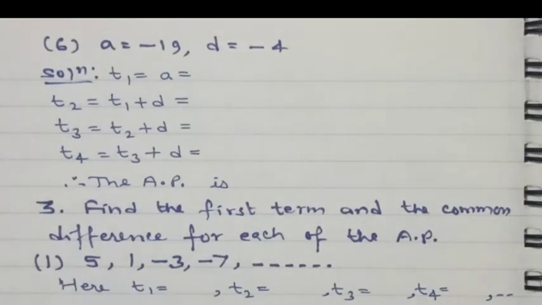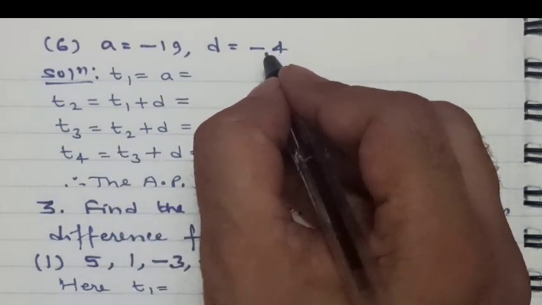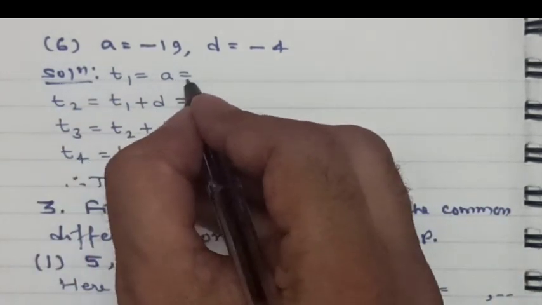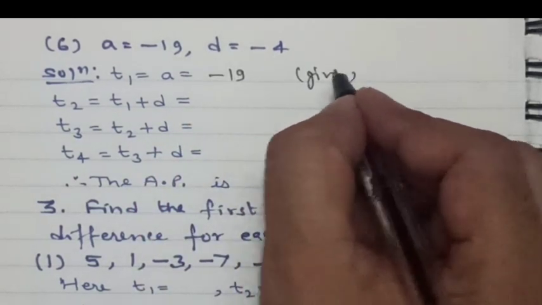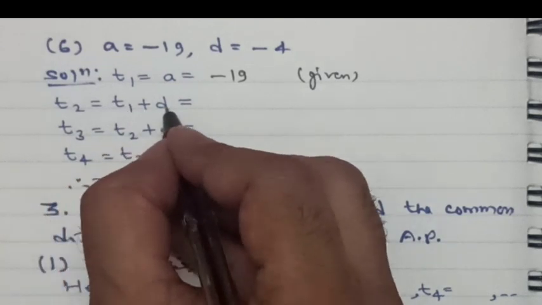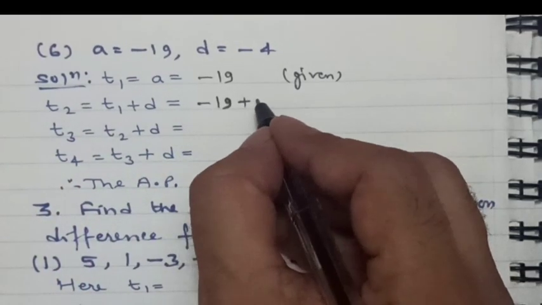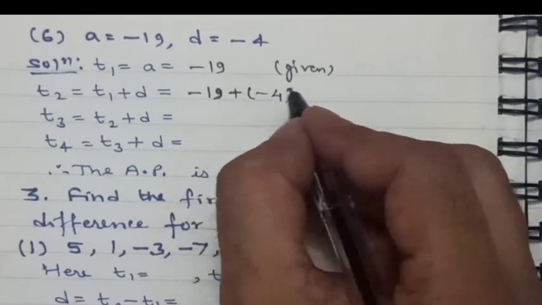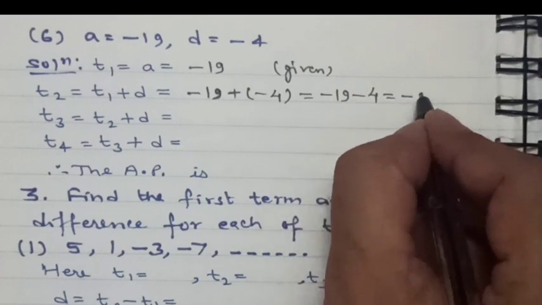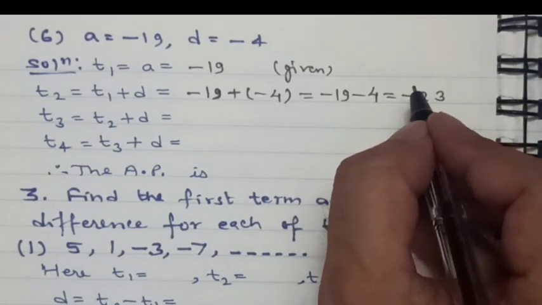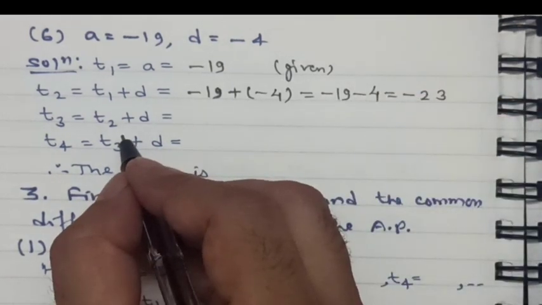Sixth question, a is equal to -19 and d is equal to -4. So write the solution. T1 is equal to a is equal to -19, which is given to you. T2 is equal to T1 plus d, that is -19 plus (-4). Open the bracket. -19 -4 will give you -23. Then next, T3 is equal to T2 plus d.